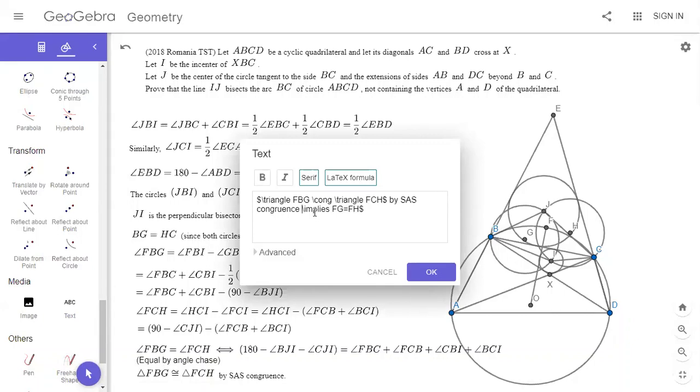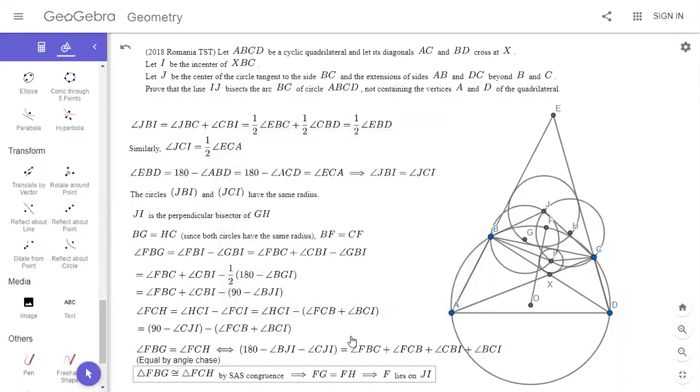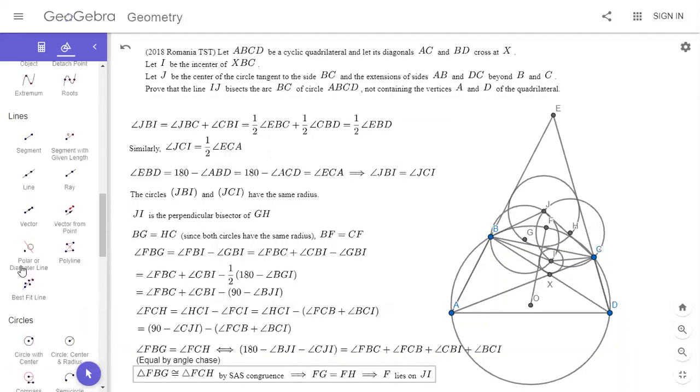And once we know that, that implies that F lies on JI. And that's because we said JI is the perpendicular bisector of GH. So that makes sense to everyone. So if FG is equal to FH, then F lies on the perpendicular bisector of GH. And we said JI is the perpendicular bisector of GH, so that solves the problem.